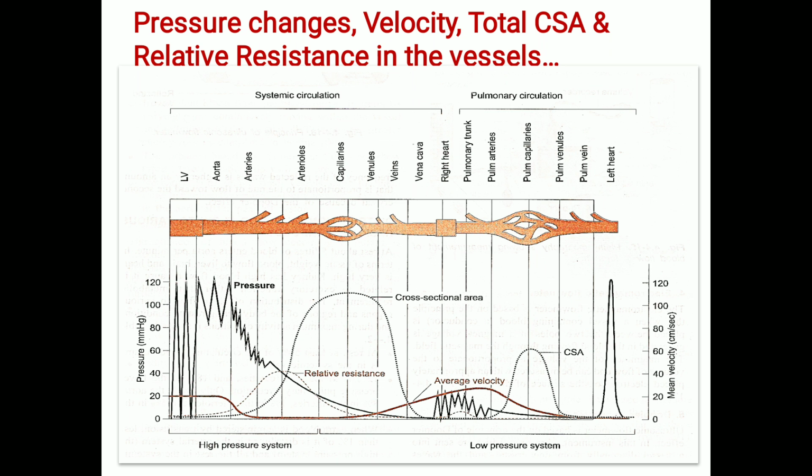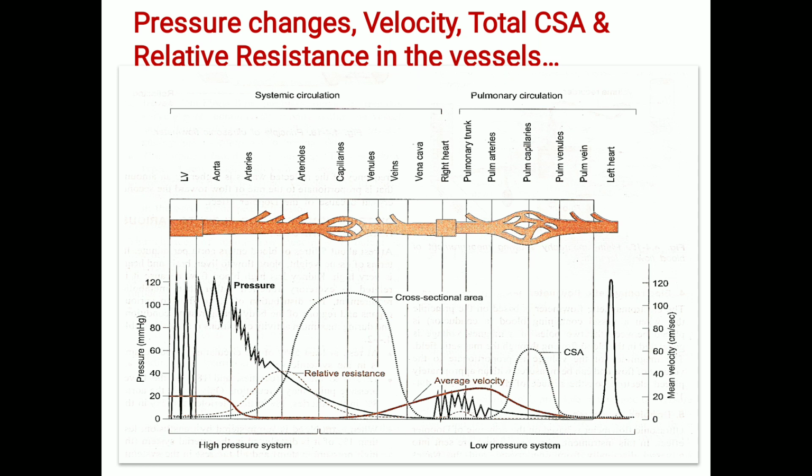So this is the complete picture of whatever we saw in these few slides: the pressure, velocity, total cross-sectional area, resistance, all these relationships in the various types of blood vessels, in the aorta, arterioles, capillaries, venules, veins, vena cava, and then one side is the systemic, one side is the pulmonary circulation. You see the cross-sectional area is very high in the capillaries.